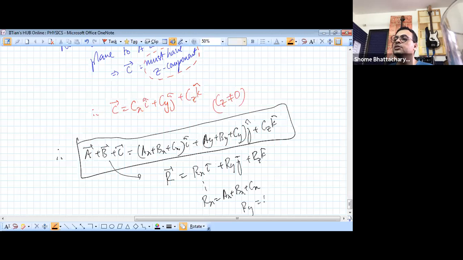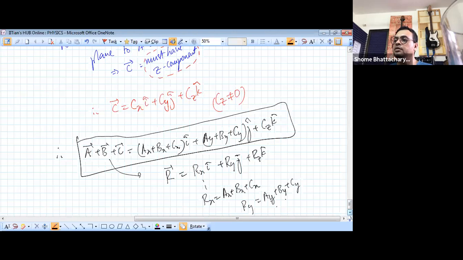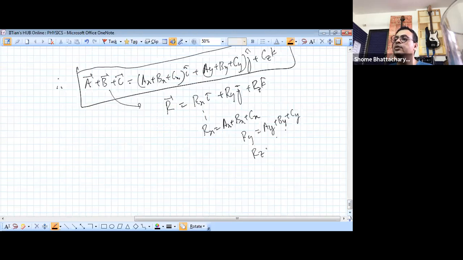Y component is again Ay plus By plus Cy. It depends on these values; it may be 0, it may not be 0. But what about the Z component? Now you can see the Z component is just Cz. There is no Az or Bz. And we have already seen that Cz cannot be 0. So therefore, Rz cannot be 0 because Cz we have already seen is not 0.